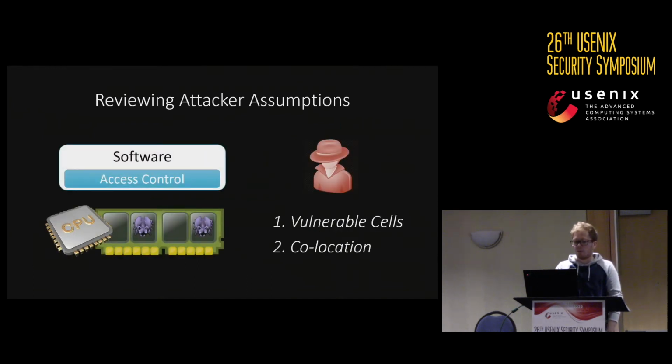So when we started thinking about defenses, we first looked at the assumptions that rowhammer actually makes. In particular, the rowhammer adversary assumes two things. First, the existence of vulnerable memory cells, and second, the possibility of physical collocation with attacker-controlled memory. And interestingly, we found that you can tackle both of these assumptions separately.